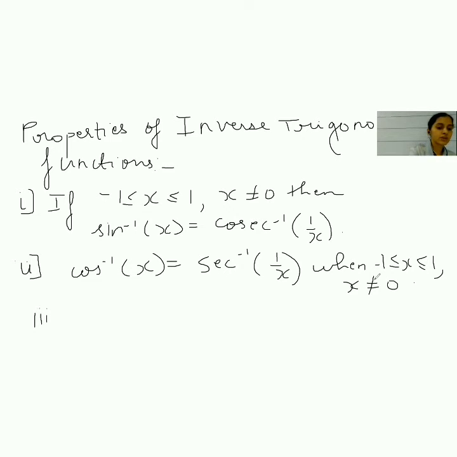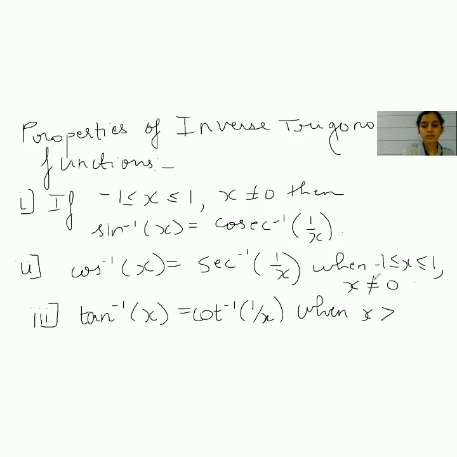Then we can write the same for tan, but the x value will be different. That is, tan inverse of x is equal to cot inverse of 1 upon x when x is greater than 0, and we can say that tan inverse of x is equal to minus pi plus cot inverse of 1 upon x when x is less than 0.